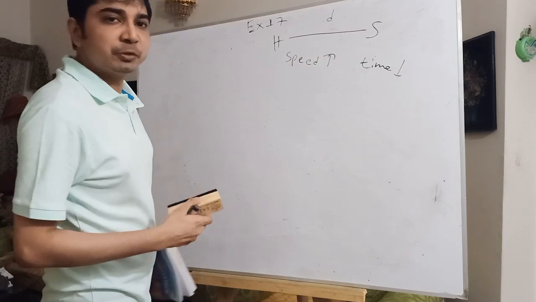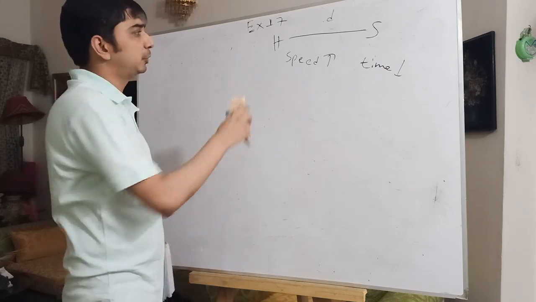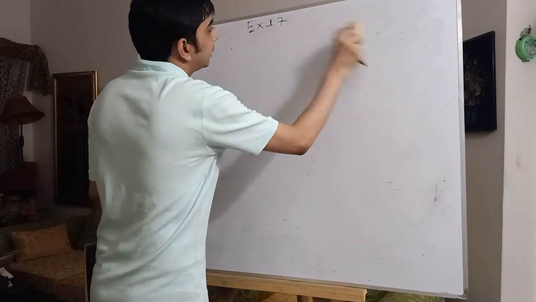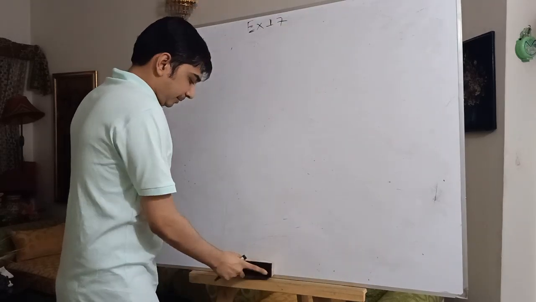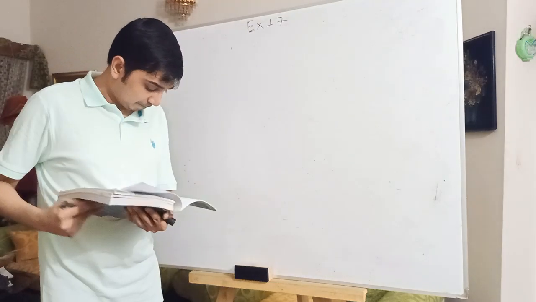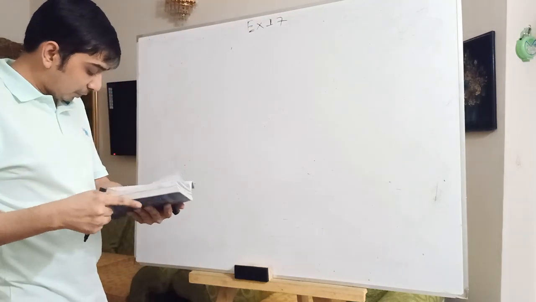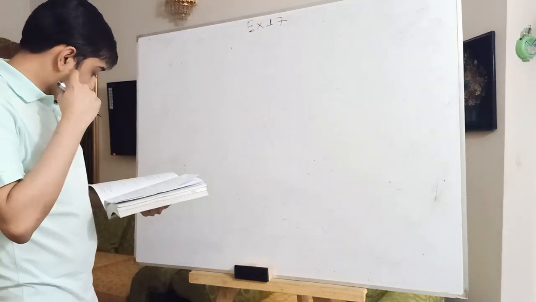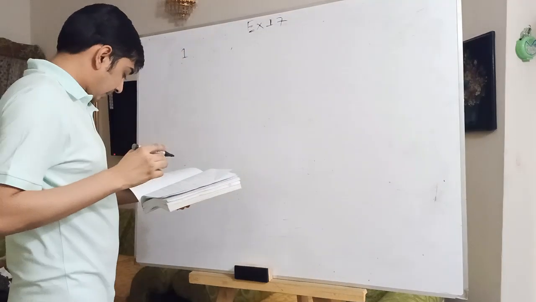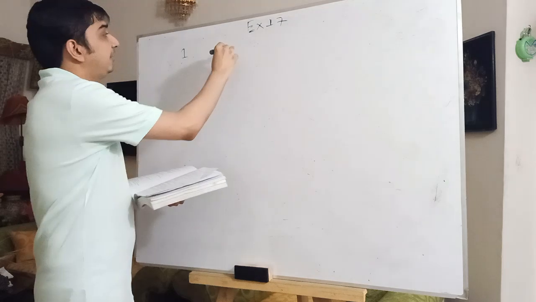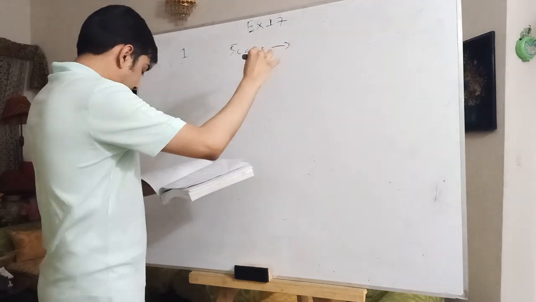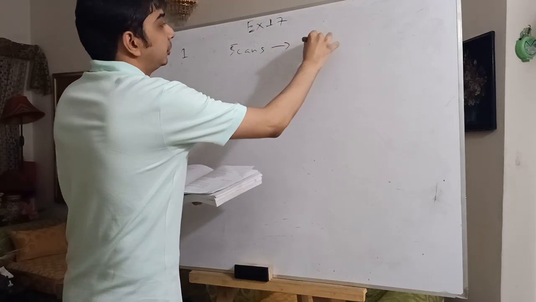Now let's move on specifically to the book problems. Exercise 17, question number 1. 5 cans of cola cost $1.2. So you have 5 cans, and they cost $1.2.